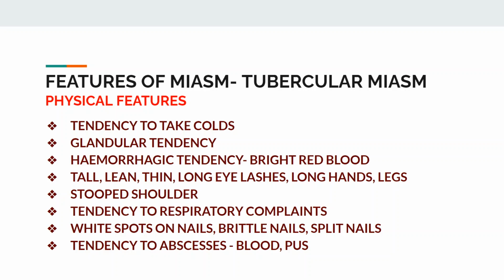Tendency to abscesses, blood and pus is classical tubercular miasm. So in the patient you will find these symptoms. Most important is a hemorrhagic tendency, with blood bright red in color, again like in phosphorus.